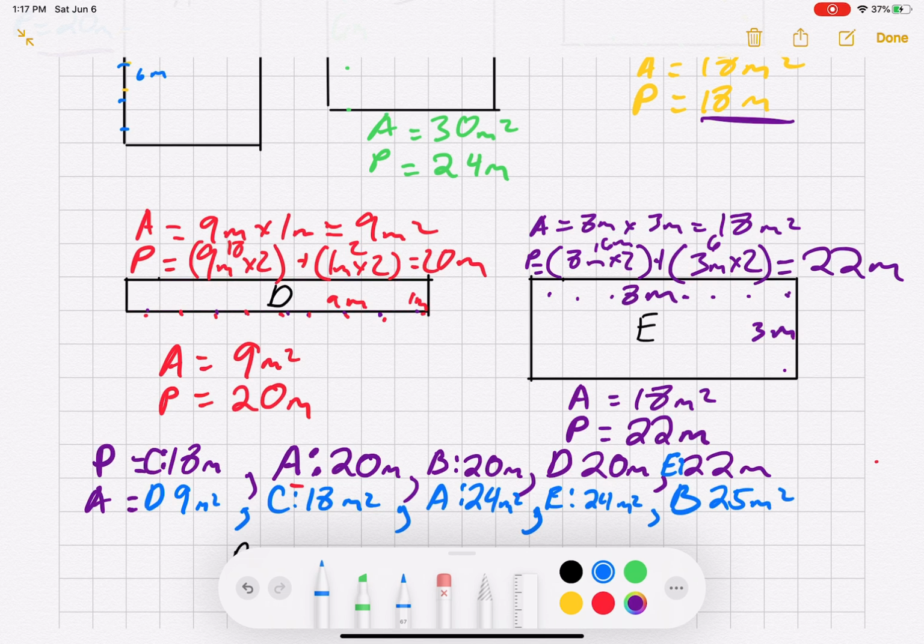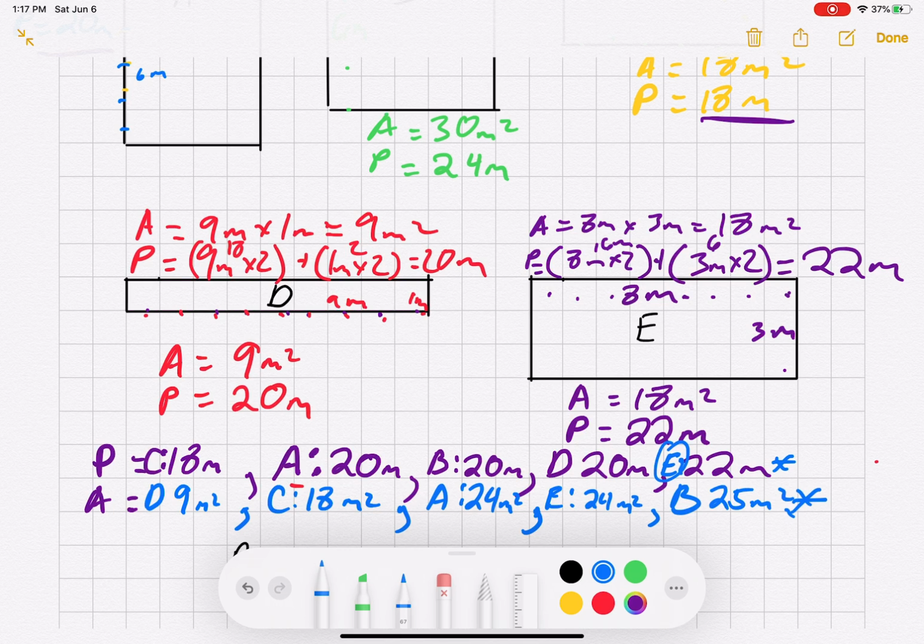Okay, are your lists the same? No, right? Does the rectangle with the greatest area also have the greatest perimeter? So which one had the greatest area? The greatest area is B. It does not have the same, E had the greatest perimeter.